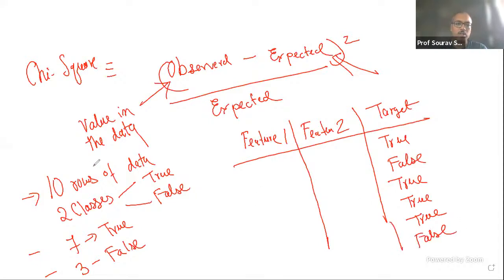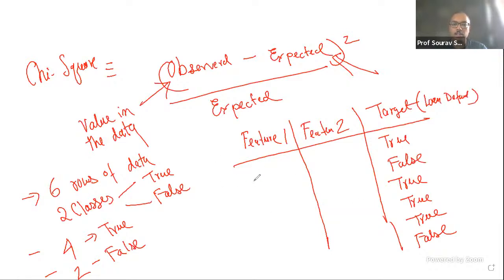So let me take not 10, but just for the sake of your understanding, 6 rows of data where we have four true and two false cases. And this feature target, say, is on default.